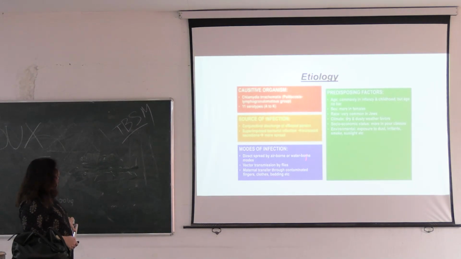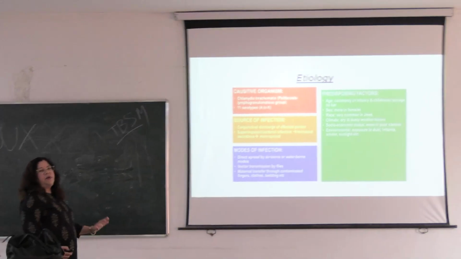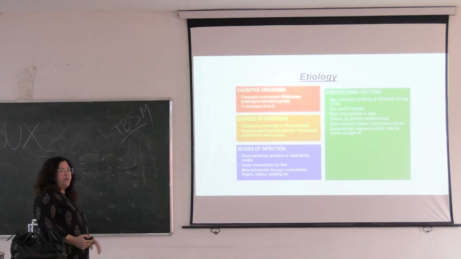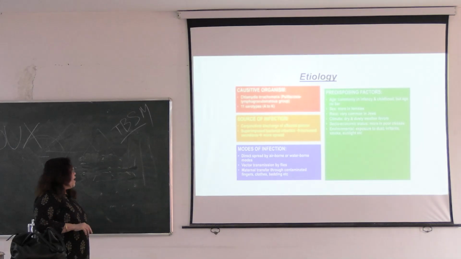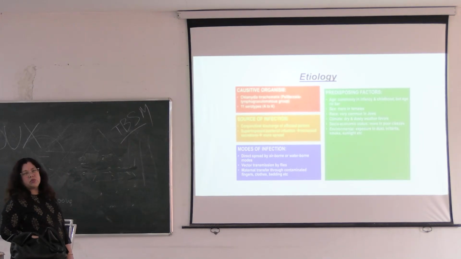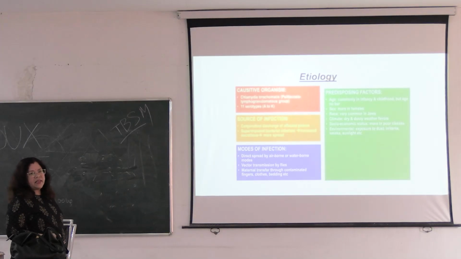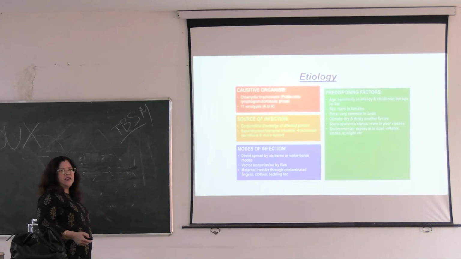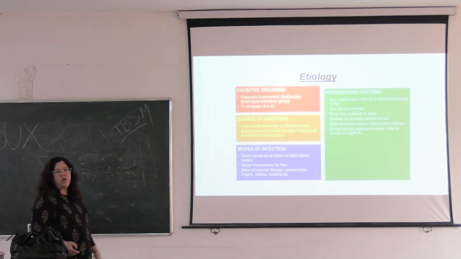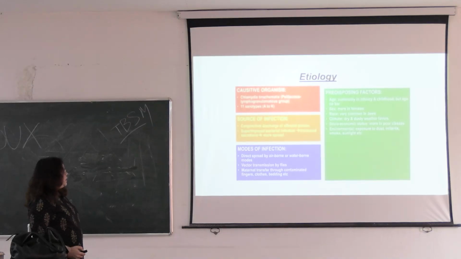Then mode of infection: direct mode of infection may be waterborne, airborne, and the second one is vector transmission by fly, and material transfer through contaminated fingers, handkerchiefs and beddings, or sharing the same dress from another person, t-shirt, shirt, or using the same towel, that also spreads the disease from one person to another.